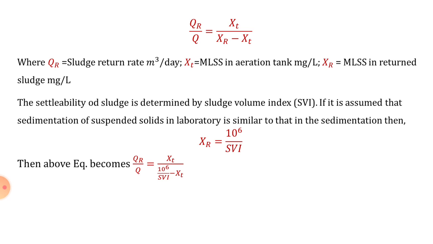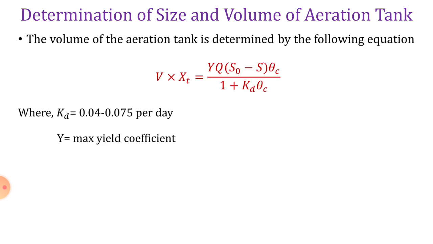The settleability of sludge is determined by the sludge volume index. If it is assumed that the sedimentation of suspended solids in the laboratory is similar to that in the clarifier, then XR is equal to 10 raised to 6 divided by SVI. Then the above equation becomes QR divided by Q is equal to XT divided by (10 raised to 6 divided by SVI minus XT).